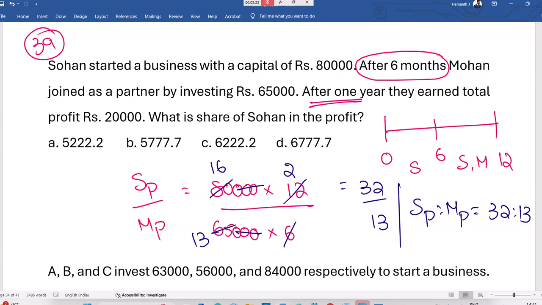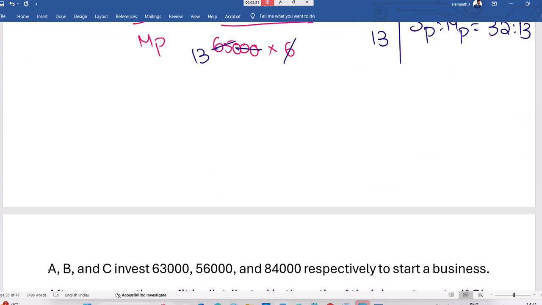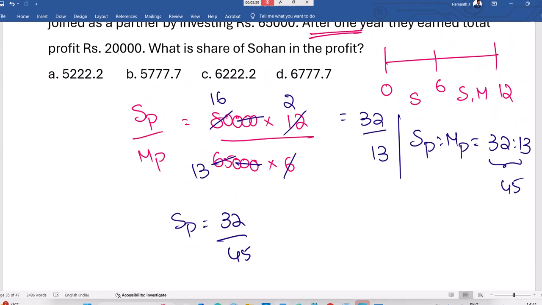Now, the question regards Sohan's profit. If you want Sohan's profit, Sohan is 32 out of a total of 45. Out of 45, you need to get 32. But the total in the question is 20,000. It will be a fraction; the problem is that you don't get an integer value.